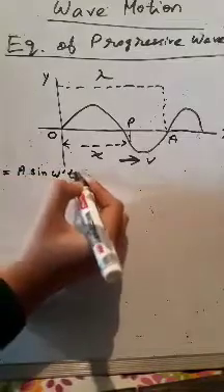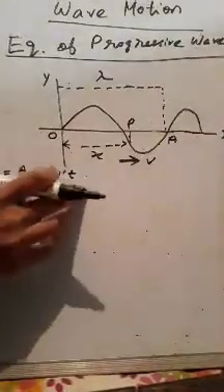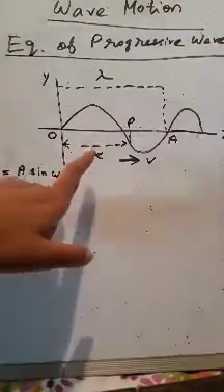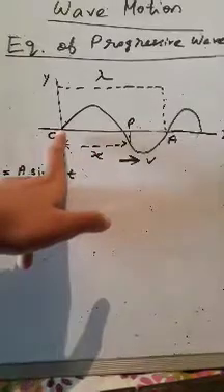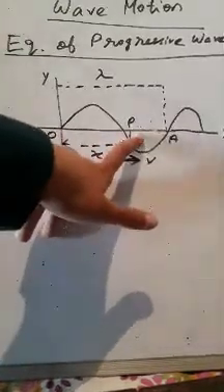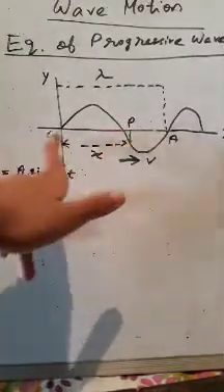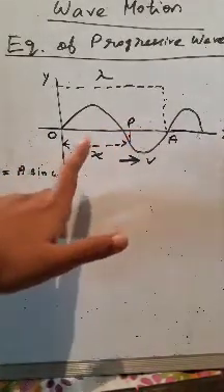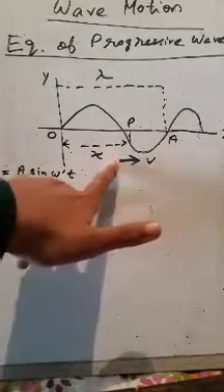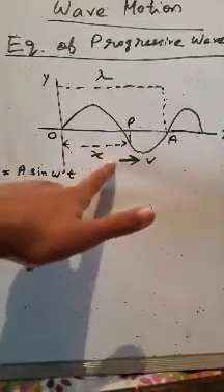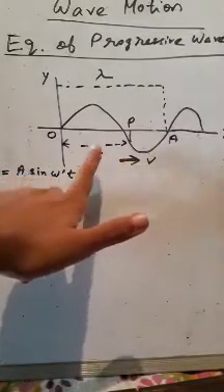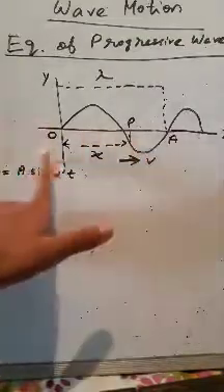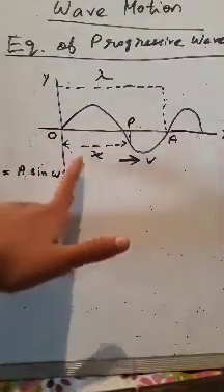omega t dash. This was our equation, and we know that the time taken by the wave to reach point P, that means from O to P, at a distance x, where the distance OP is x on the right hand side of O, is x by v.